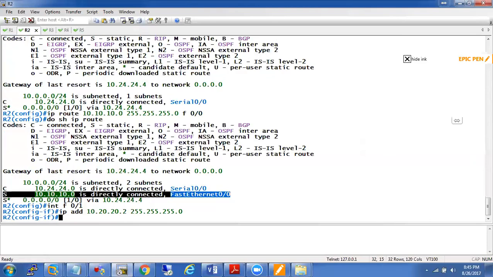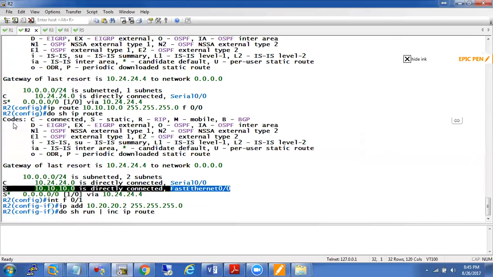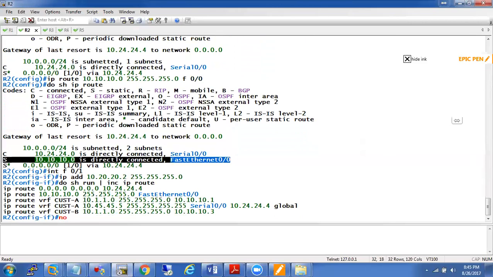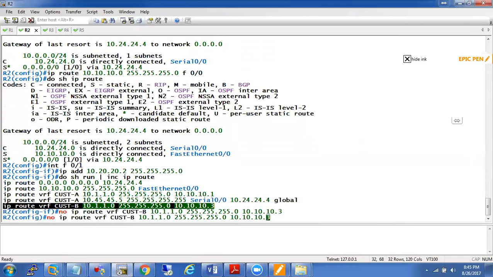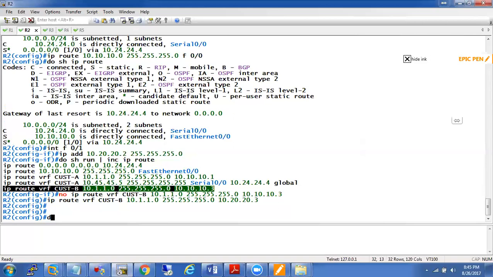And on R2, no for this guy. To ping 10.1, to ping VRF cust.